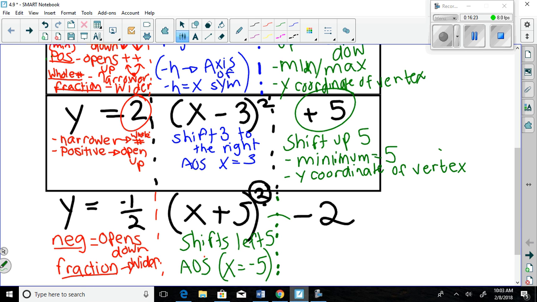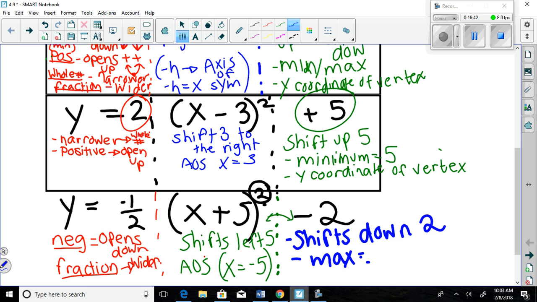I switched these colors, I'm sorry. Yep, shifts down 2. And then, do we have a minimum or a maximum? Maximum. Yep. So our max is negative 2. That's also our y what? Good. Y coordinate.